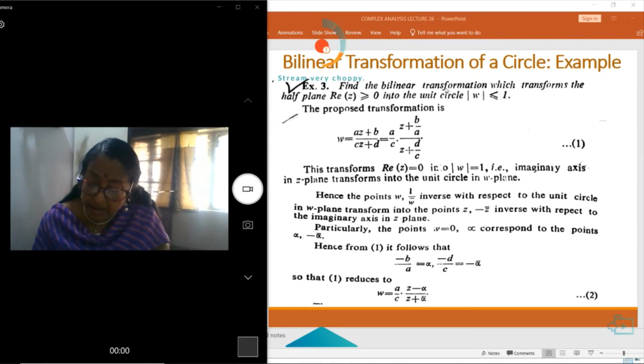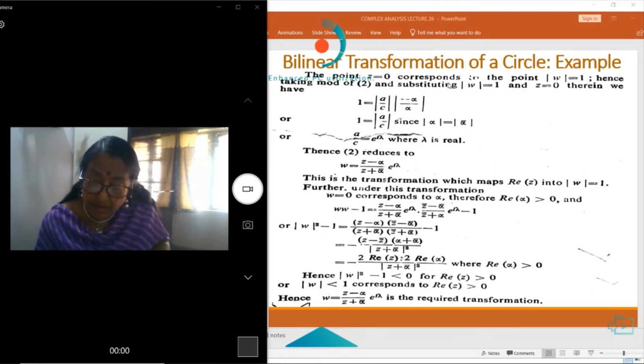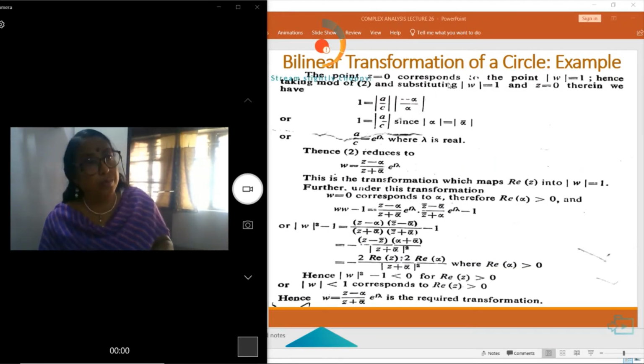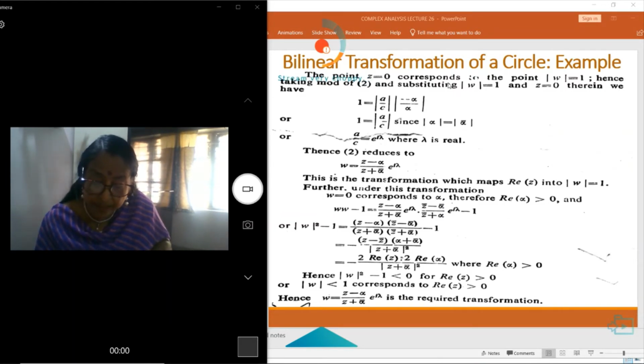Then w can be written as a by c into (z minus alpha) divided by (z plus alpha bar). Then for the unit circle, we take |w| equal to 1, taking modulus on both sides and putting z equal to 0.